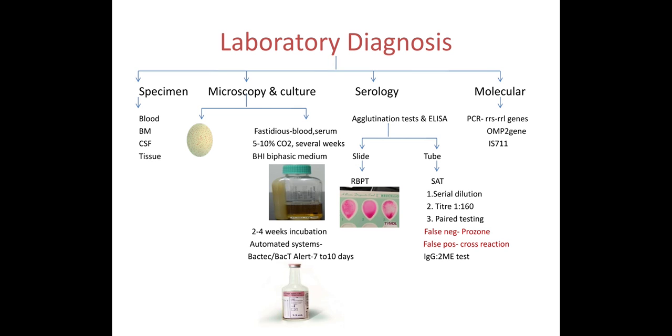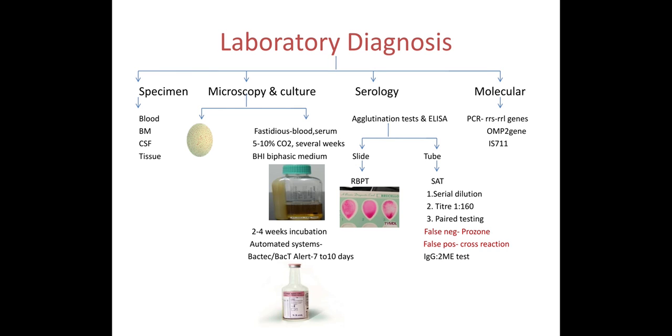A very well known slide agglutination test is the Rose Bengal plate test, wherein the serum of the patient is mixed with the dyed or colored brucella antigen. If the antibodies are present in the serum, it will lead to agglutination of the colored antigen. We can see the agglutinates or the clumps with the naked eye.